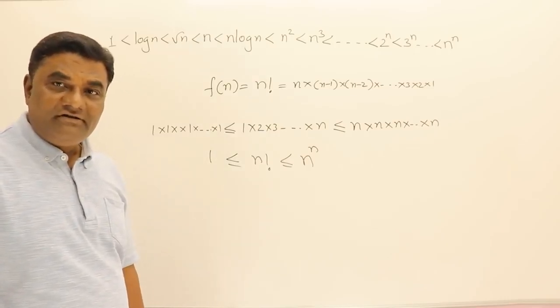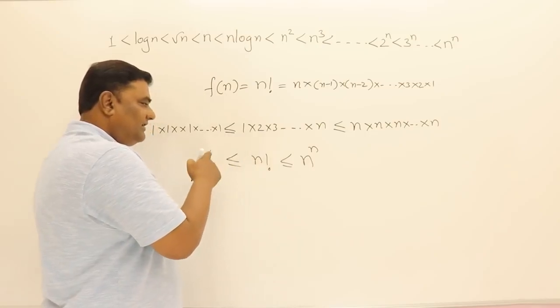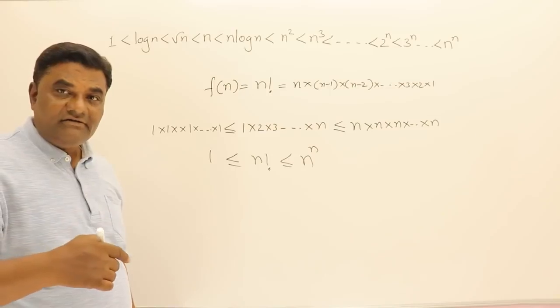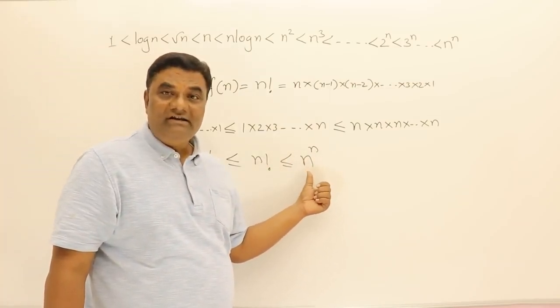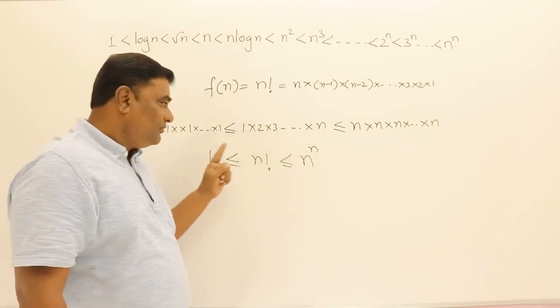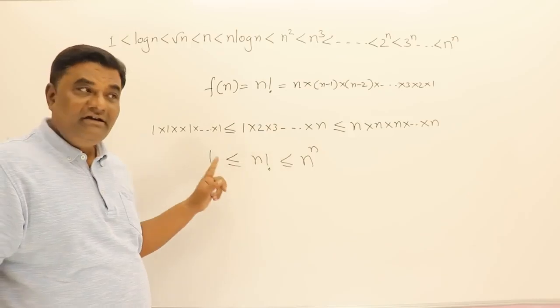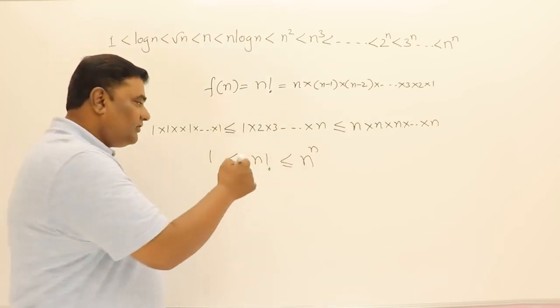Now for n factorial, I don't have any smaller value here and I have to take it as 1. And if I take a larger value, it is n power n. Upper bound is n power n. And on both sides I am not getting the same thing. If I get the same thing, then I can take it as theta. So what can I write?